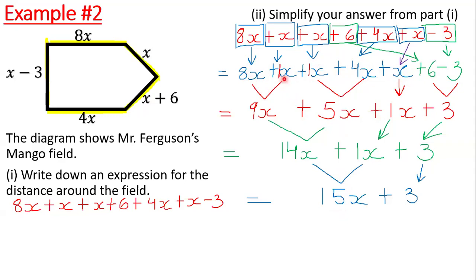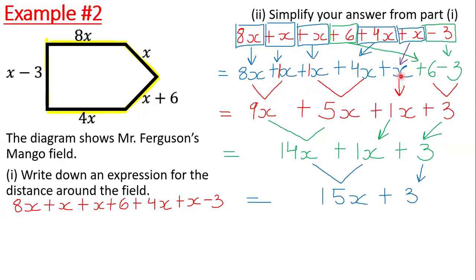Or you could do it 2 by 2, like how I did it there. So x turns into 1x and not just 1. Exactly. You can't just say x is 1. So 8x plus 1x is 9x. 1x plus 4x is 5x.